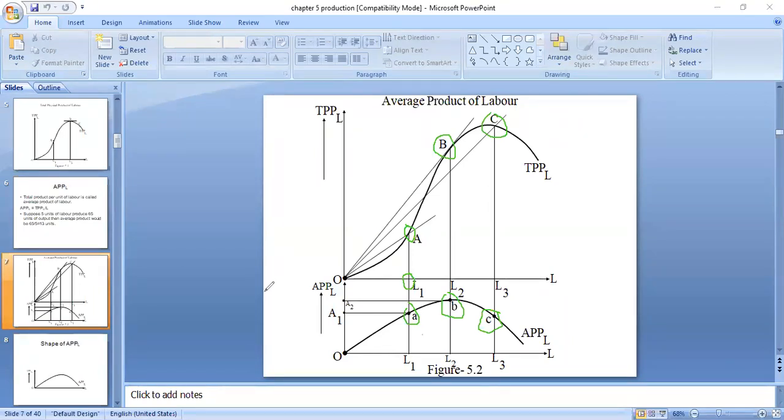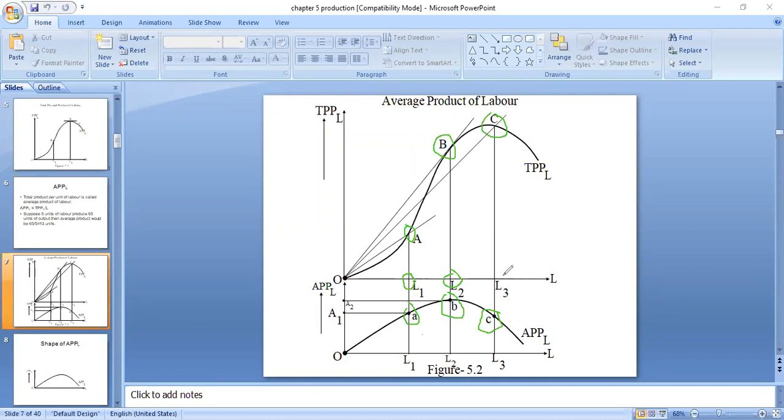If you further increase labor to L2, and your point is here at B, you will get another slope, a tangent. This slope indicates that total output is increasing but at a decreasing rate. The rate is decreasing, but total output is increasing.